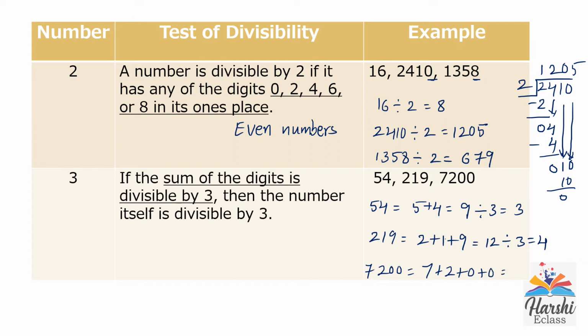If we add 0, then also we will get the same number. 9 is divisible by 3. 3 threes are 9. So all these three numbers are divisible by 3. For this, we need to add the digits in the number. If the sum of the digits is divisible by 3, then the number itself is divisible by 3.